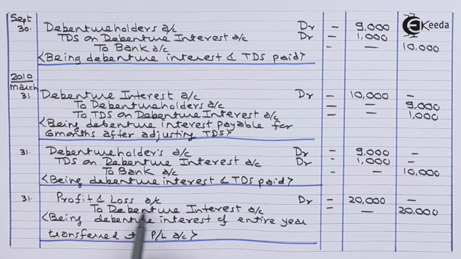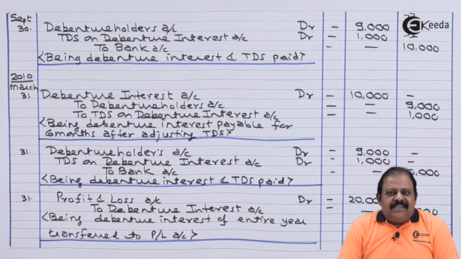March 31st, profit and loss account debit 20,000. That is the whole year interest to debenture interest account 20,000. Being debenture interest of entire year transferred to profit and loss account. Here we have completed all entries relating to debenture interest and TDS.